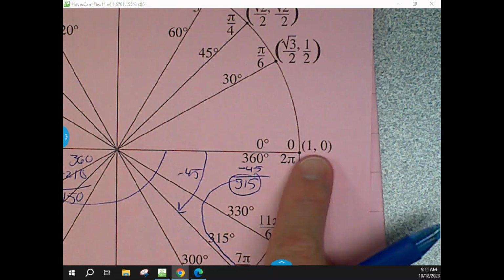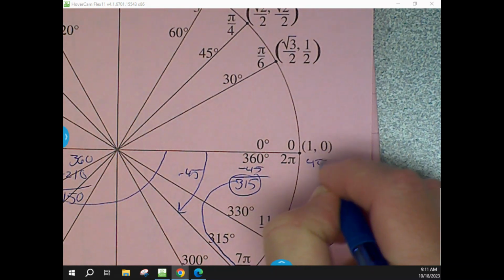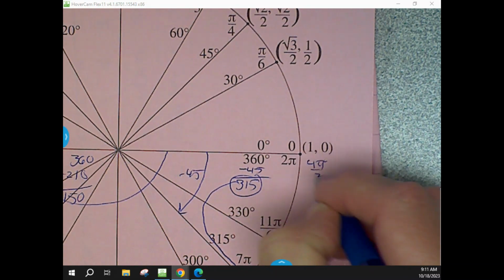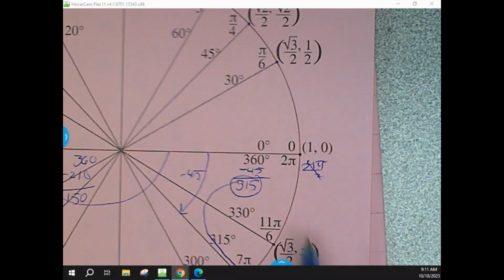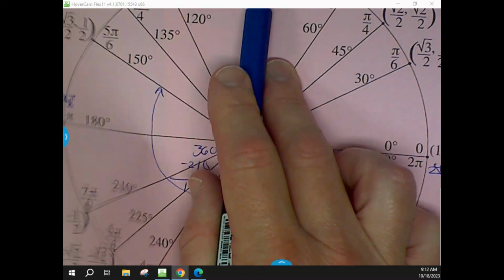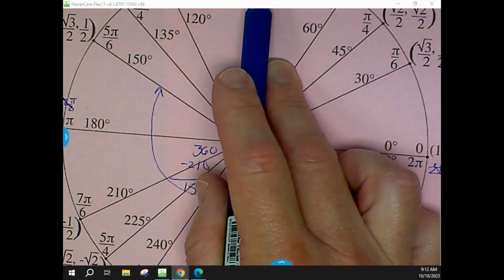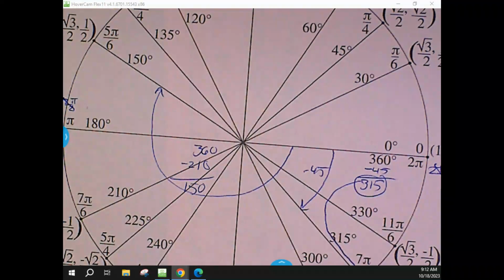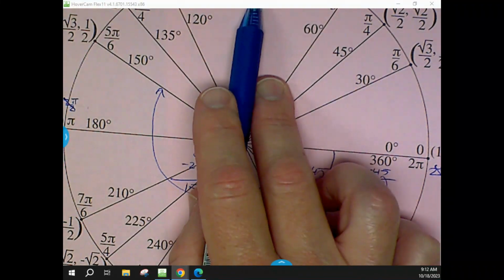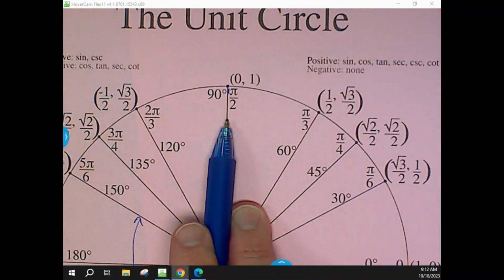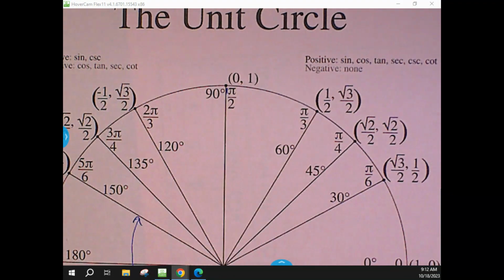So every 90 degrees, you get another pi over 2. You've got 4 pi over 2, that's going to cancel, make it 2 pi. This would be 5, 6, 7, 8, 9. What number are we going to? 13. 9, 10, 11, 12, 13 pi over 2 would wind up back over here at this point. So that's going to be the same thing we've got here at 0, 1.